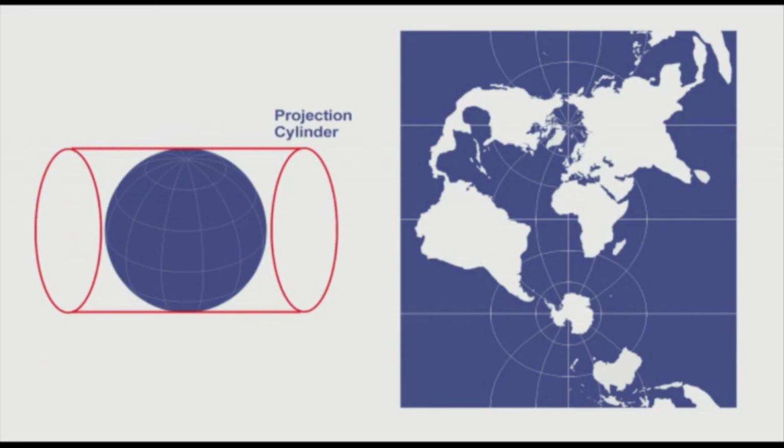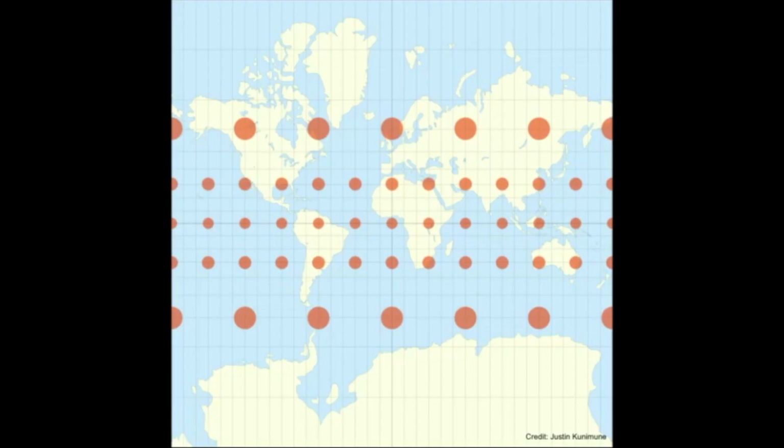Notice in this projection how Antarctica and the North Pole look very normal to our eyes, while Malaysia and Indonesia up in the upper right-hand corner look very stretched, very distorted. This distortion is a major drawback of cylindrical projections.